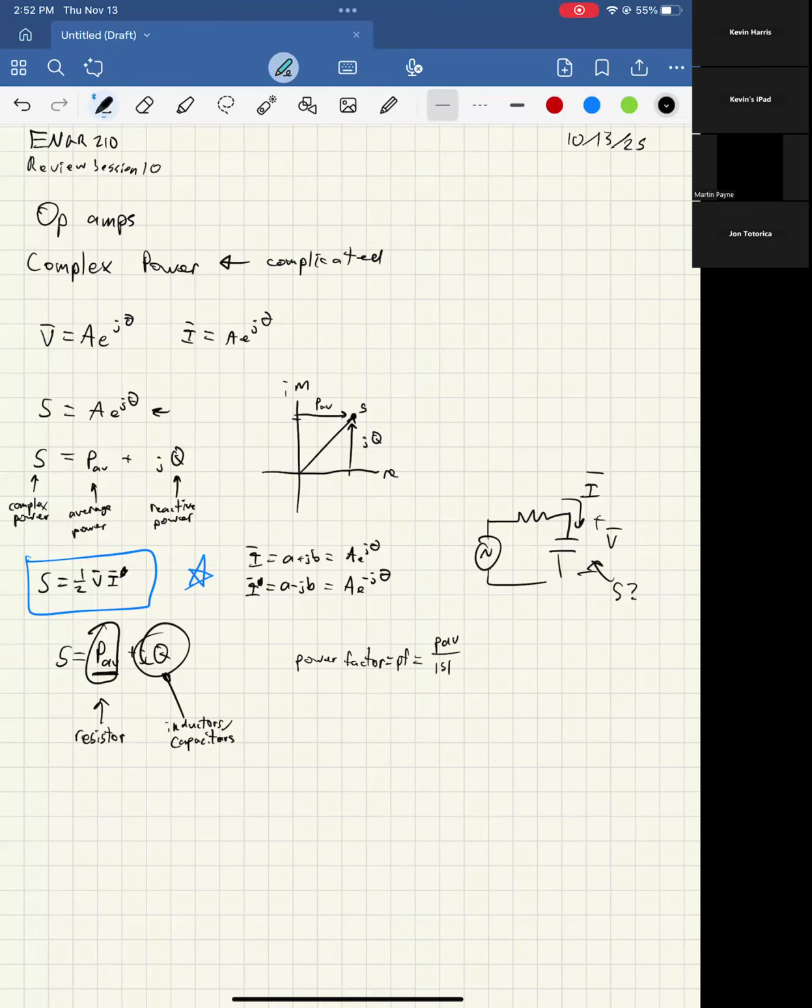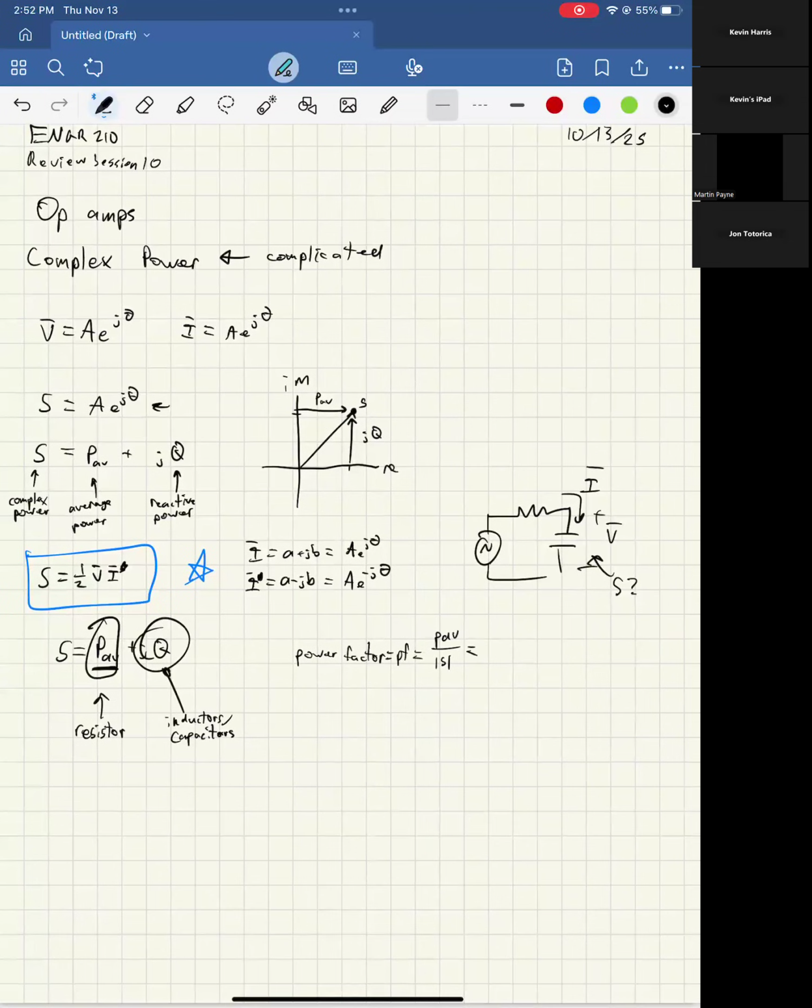By trigonometry, it's equivalent to S times the cosine of the angle of S, where that's the inverse tangent of Q over P average.